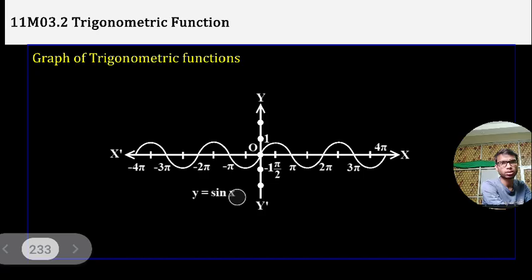Between 5 pi by 2 and 2 pi, here x is 0. When we put 0 here, it will give us 0 also. But it is not 0 here.